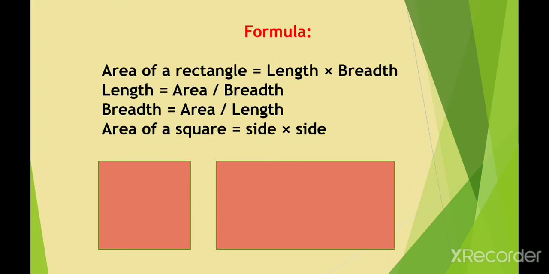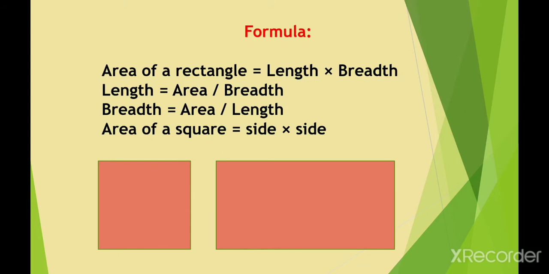Now the next is formulas: how you are going to calculate the area of rectangle as well as the area of square. First we will discuss the area of rectangle. A rectangle is a figure or a shape with opposite sides equal. So in a rectangle opposite sides are of equal length, okay student.